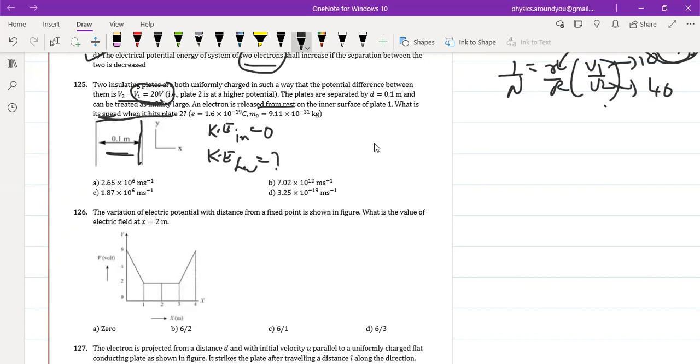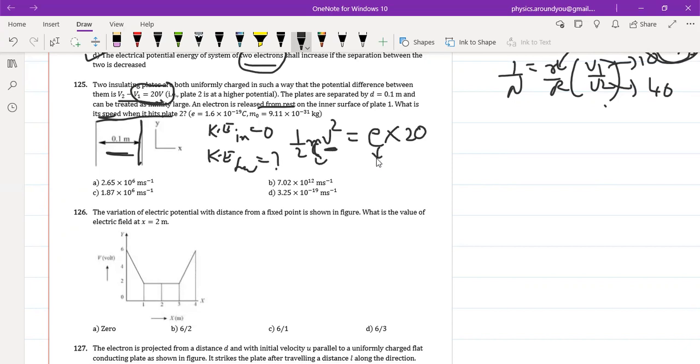What is the potential energy that has decreased? It is the charge on the electron times the potential difference, which is 20, right? So this is a loss in potential energy that should be equal to the gain in kinetic energy. I want to find V. Initial kinetic energy is anyway 0. The mass of the electron is known to me.